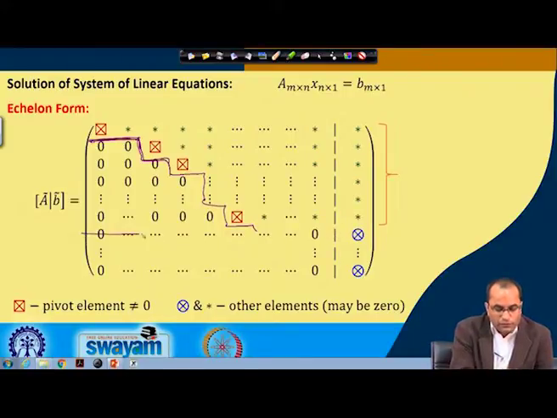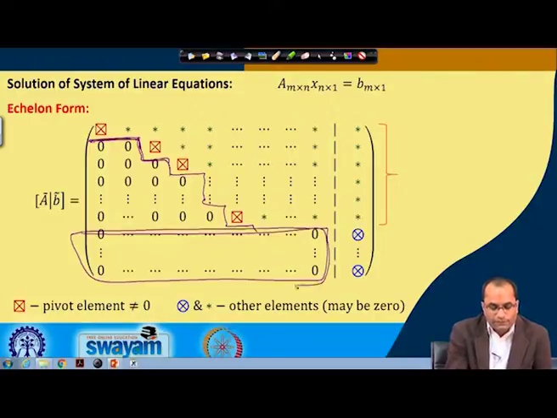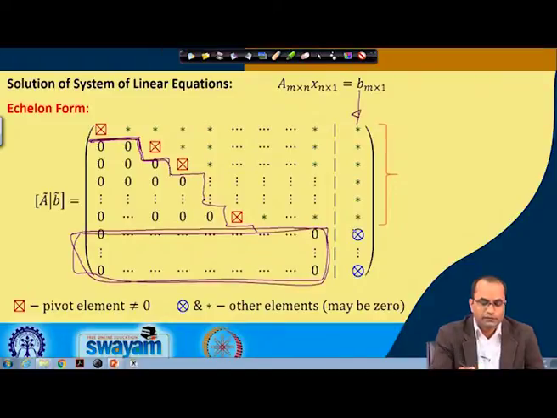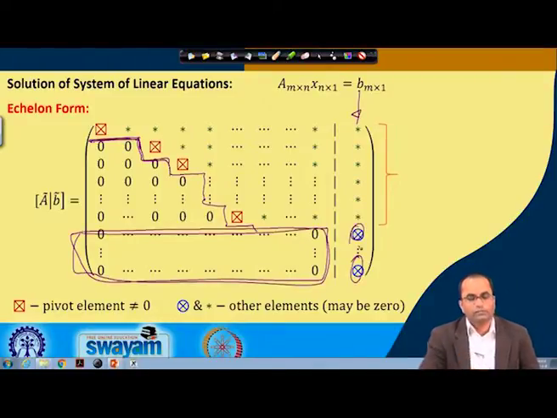If there are zero rows, they are taken to the bottom of the matrix, and from the augmented part which corresponds to b here, these elements may be 0 and may not be 0.